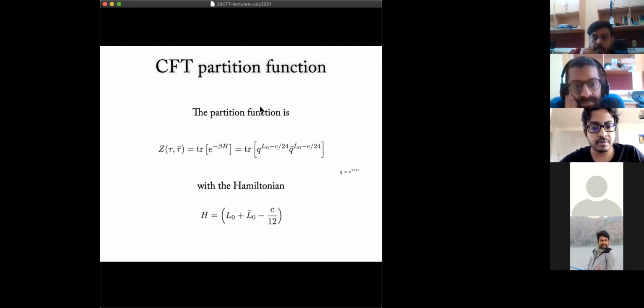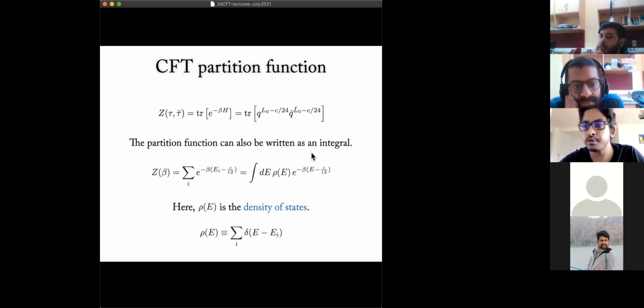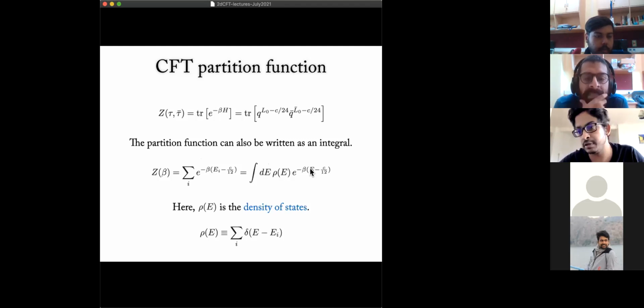So the partition function is given by the trace over this Boltzmann factor, which is this. And you can write this in terms of the zero mode of the Virasoro generators. It's given by this. Now, you can also write this partition function, which is a sum over states, as an integral over the density of states.